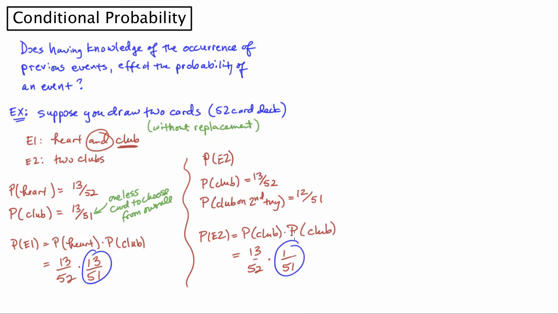Depending on what was drawn previously, the probability changed. So the probability of drawing a club second changes.